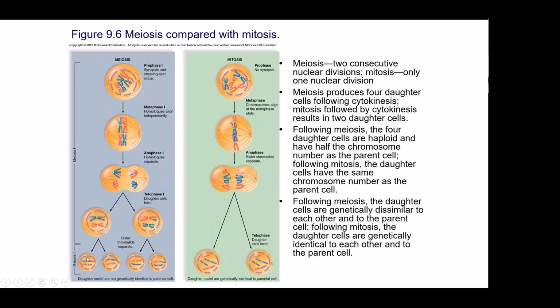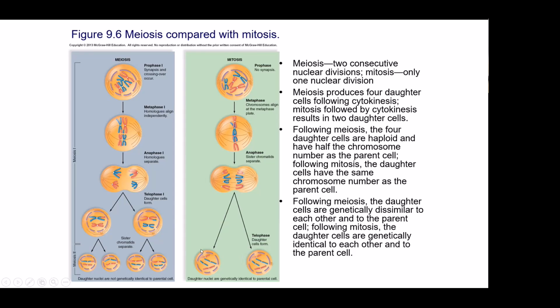Mitosis only creates 2 daughter cells. After meiosis, these are haploid and have half the number of chromosomes for that species, half the number as the parent cell of chromosomes. Diploid 2N parent cell, haploid 1N daughter cells.